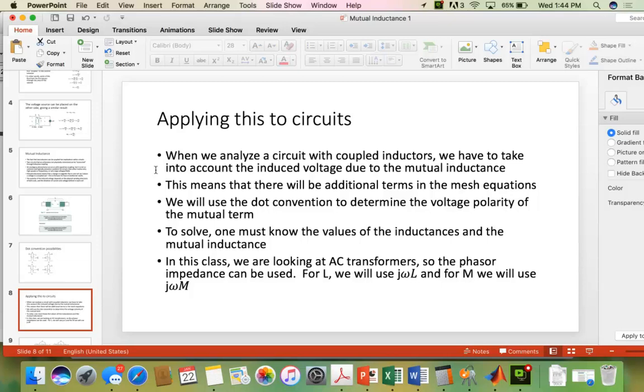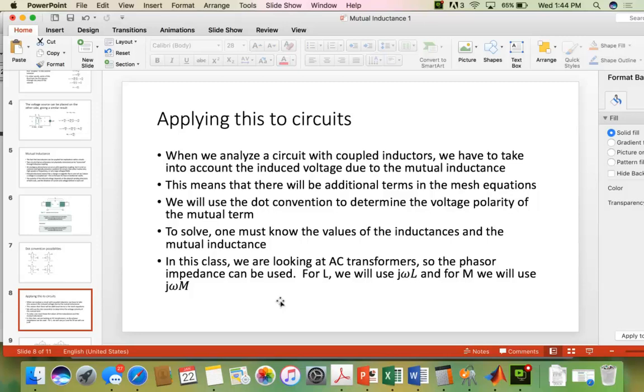To solve a coupled inductor problem, you've got to know a couple of things. You've got to know where the dots are, and then you've also got to know the values of the inductances and the value of the mutual inductance. In this class, one of the things we'll look at will be AC transformers.